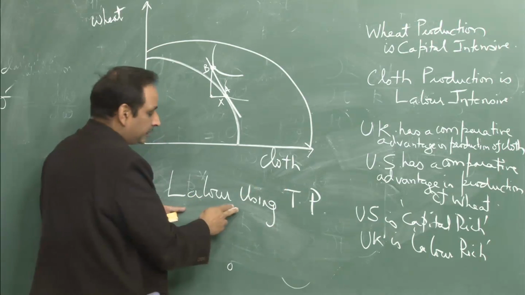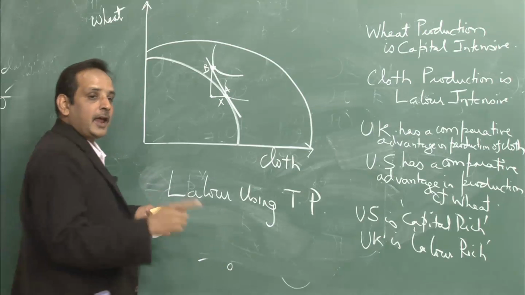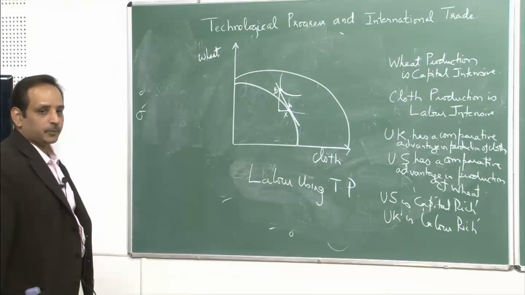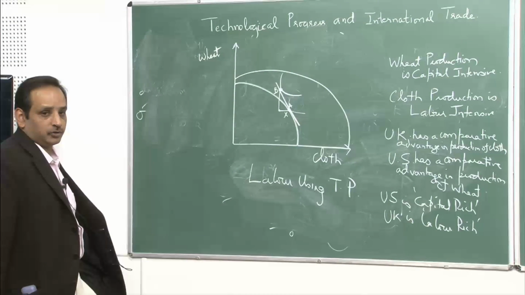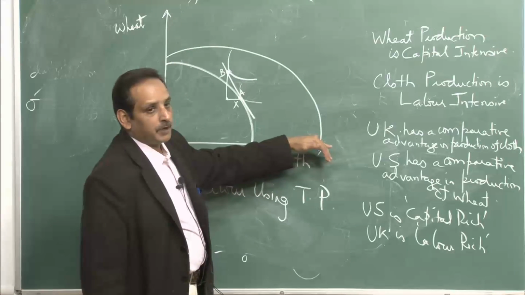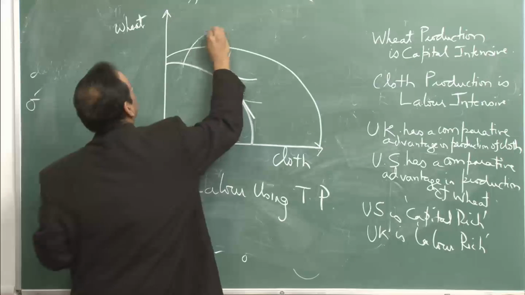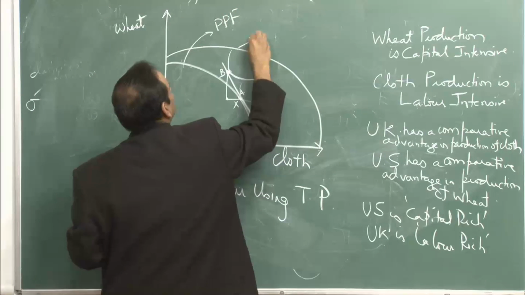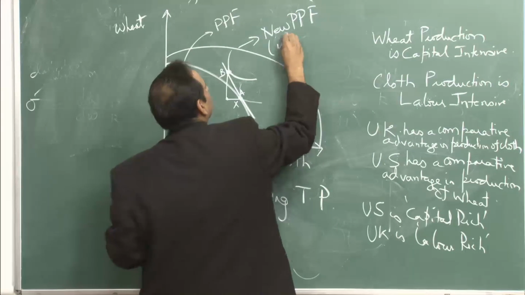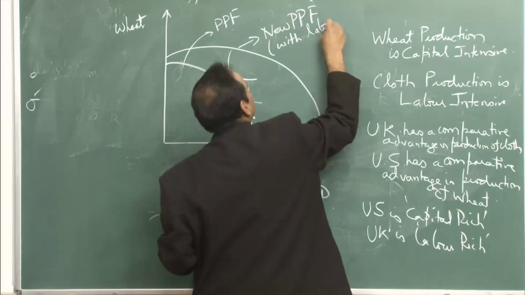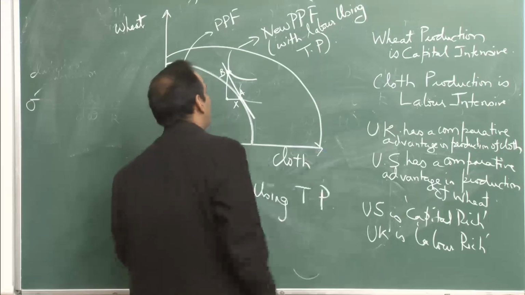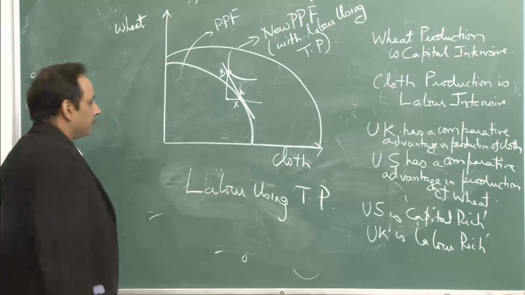The reason is that this is labor using technological progress: the L by K ratio has gone up, the marginal productivity of labor is greater than the marginal productivity of capital, and the W by R ratio goes up. As a result, this will be the shape of the PPF of the United Kingdom. So this is the old PPF, and this is the new PPF with labor using technological progress.